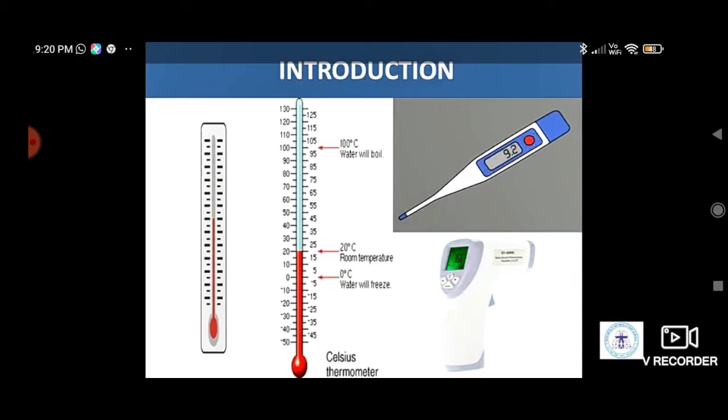Temperature is involved in many aspects of our daily lives, including our own bodies and health, and weather, and how hot the stove must be in order to cook food, measured by a thermometer.